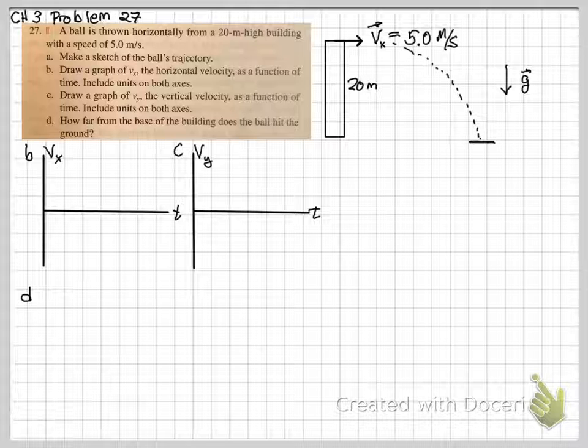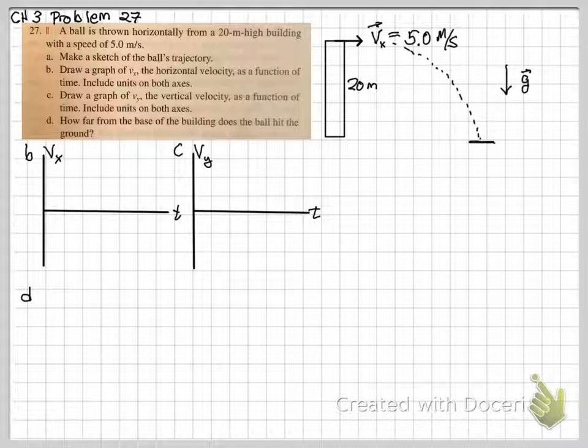All right, so the first thing they want us to do is to think through the different types of graphs. And this is to point out that the horizontal and the vertical can basically be treated as separate situations. So the first one, B, is asking us to draw the velocity in the horizontal.